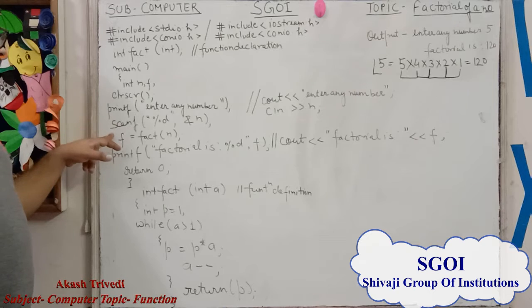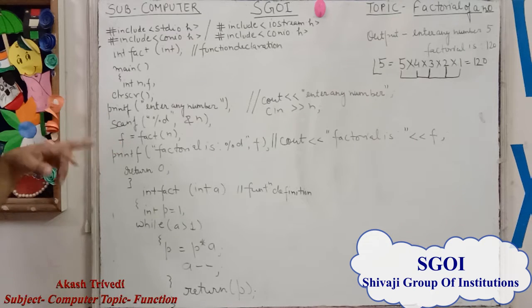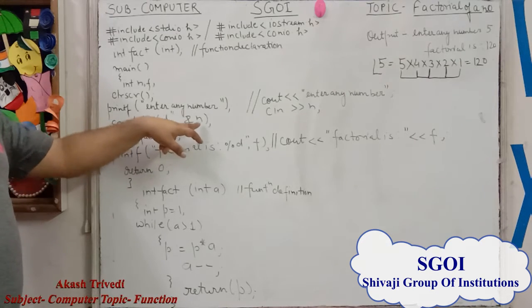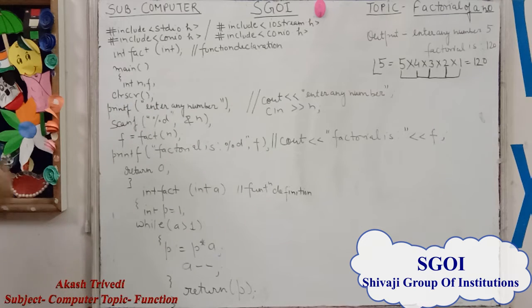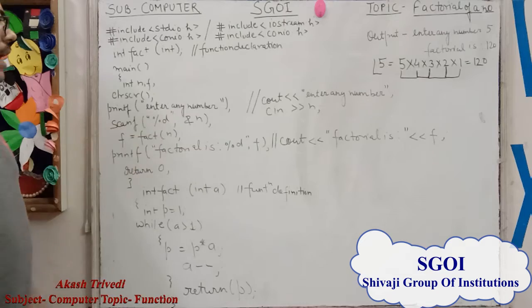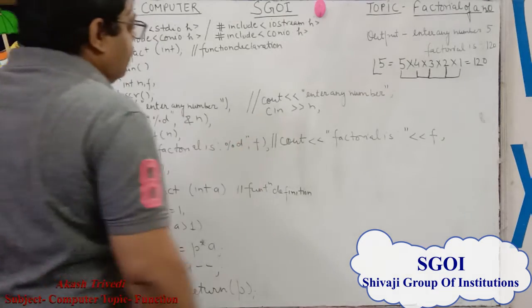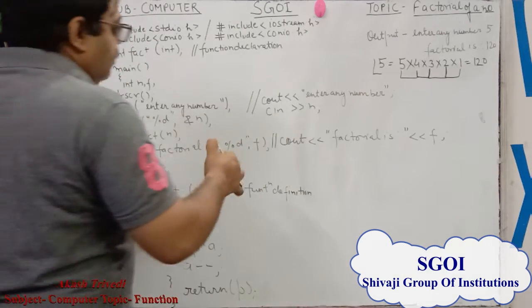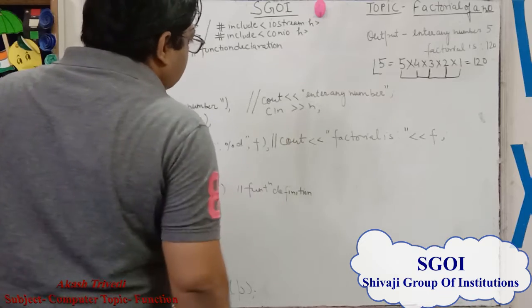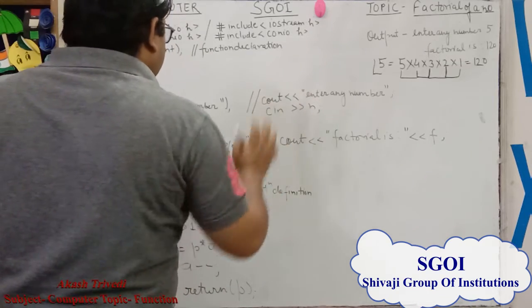Then we scan the value with the help of the format specifier %d and &n. The value is scanned and stored in n. In C++ programming we use the cin function and that value is scanned in n.